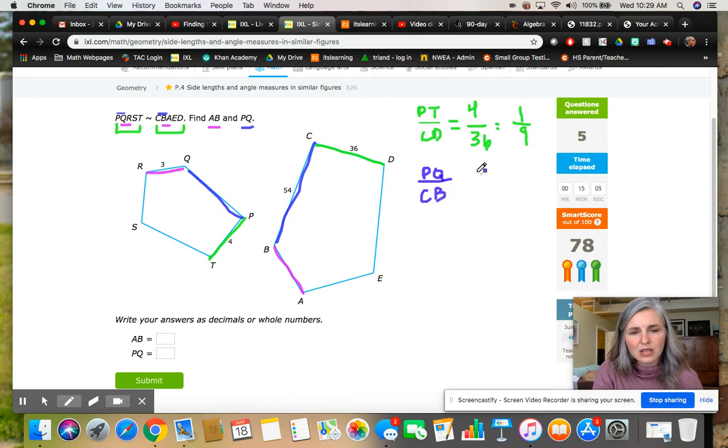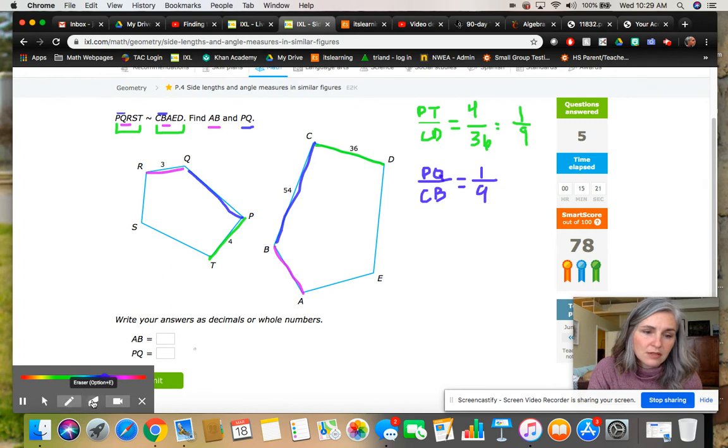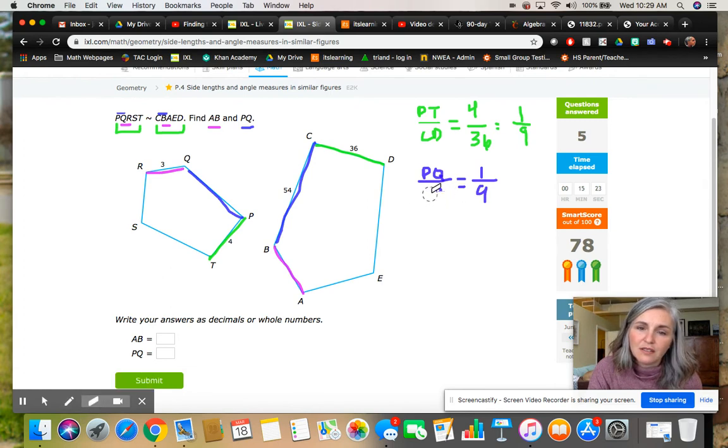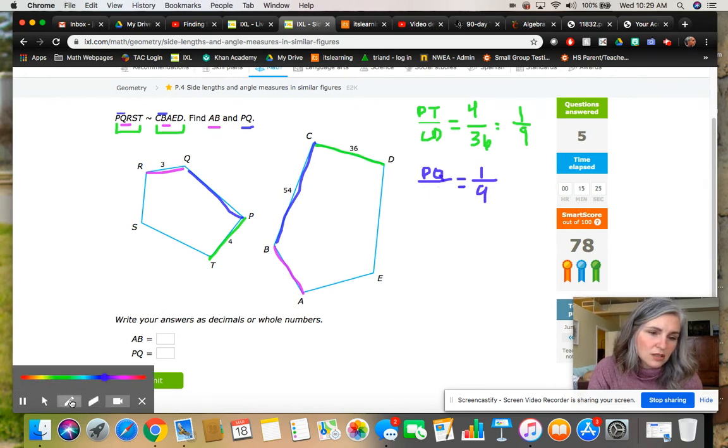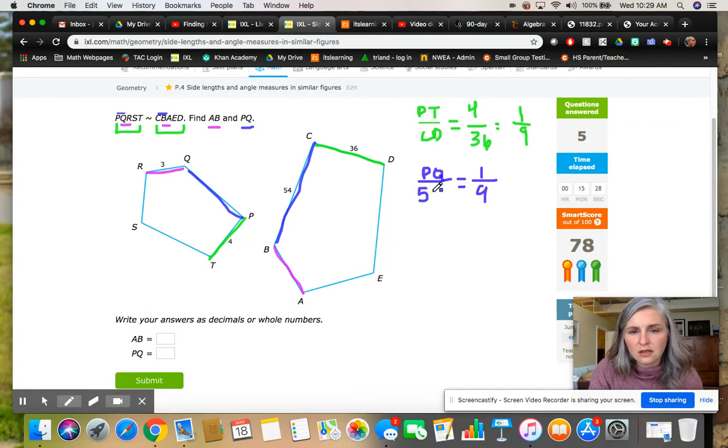That's the proportion that works. And that proportion has to equal the 1/9. This 1/9 is going to work for the proportion for every single side of this figure. So I'm going to set that equal to 1/9, right? But I know CB. CB is 54. So I'm actually going to replace CB with 54, and that's going to allow me to solve for this.